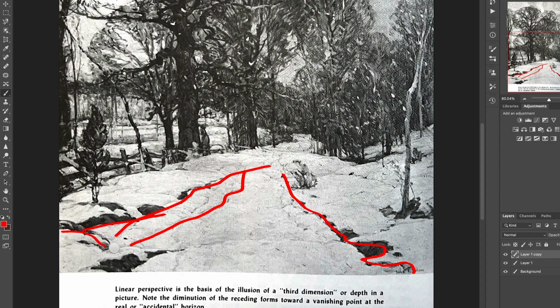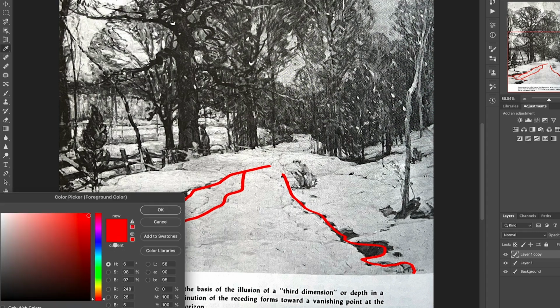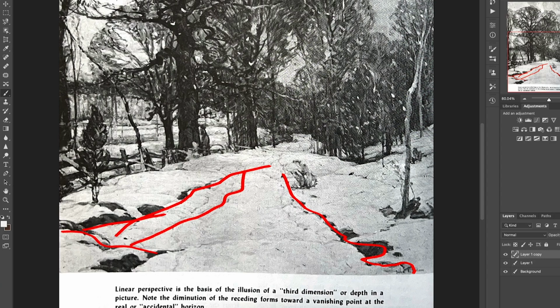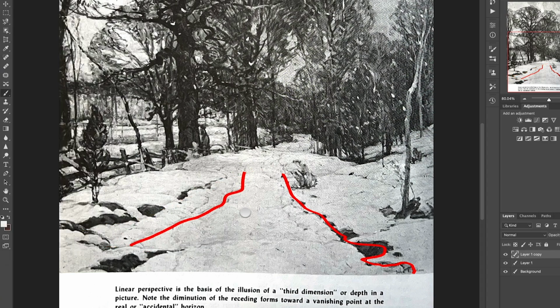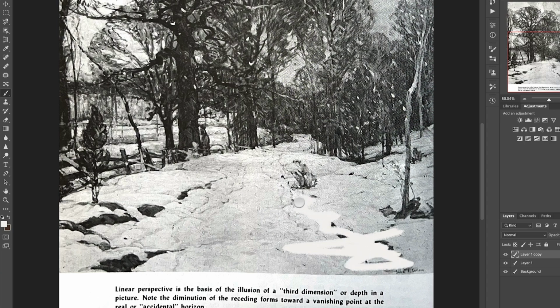Just think, if they weren't there, let's just say, for instance, we'll try this. Let's get a bigger brush and get rid of that. Now, what if none of this, what if this was just snow going back?